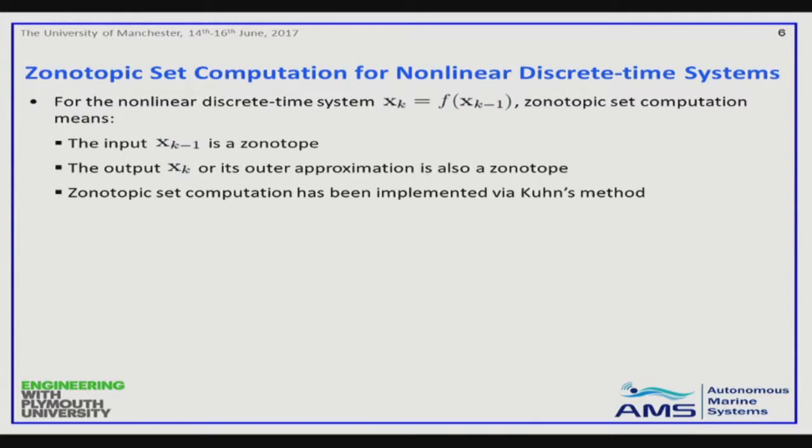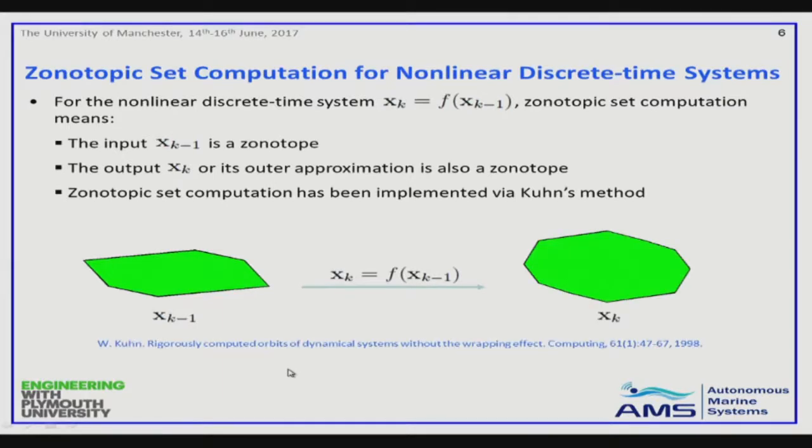And the zonotopic set computation for nonlinear systems has been implemented via Combastel's method. You can find this paper. Basically, in this paper, you can compute the dynamic evolution of a zonotope.